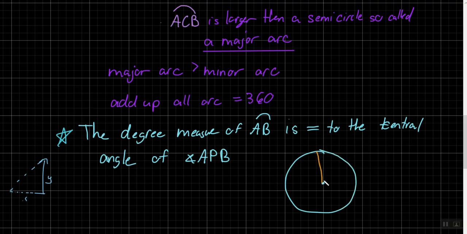So we have our two radii. We have the angle given right in between them. And if we're talking about the degree measure of this arc, it's going to be the same thing as our angle right there. So this is my measurement of AB. So the measurement of arc AB is going to equal whatever our theta is, which is, in this case, in degrees.